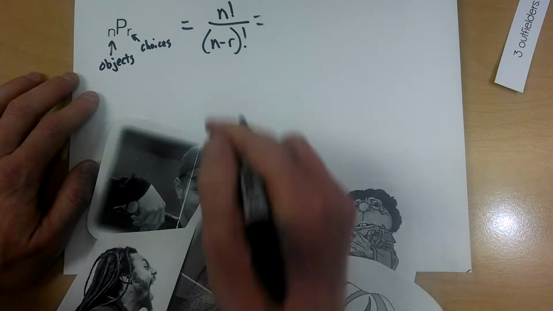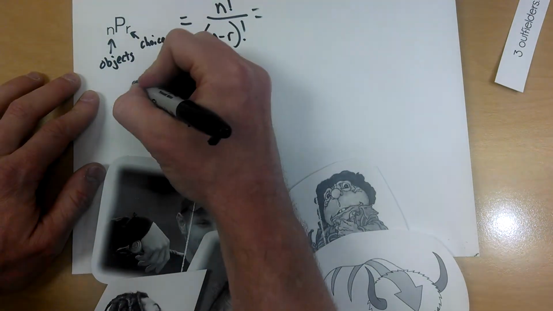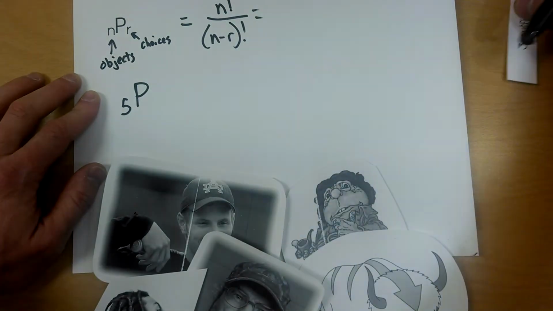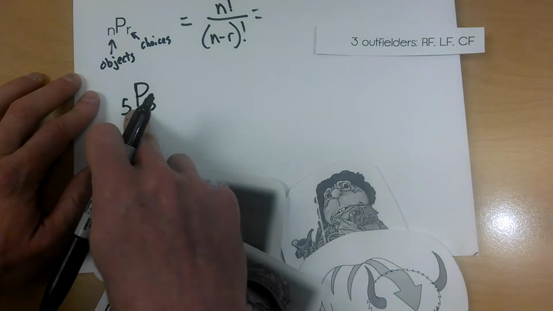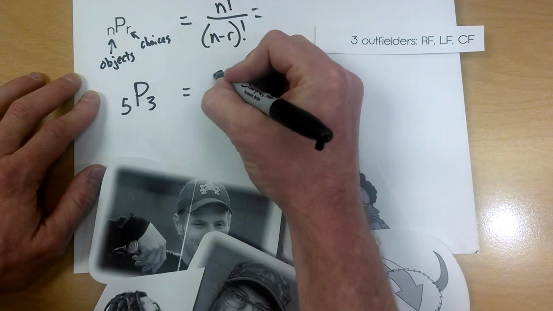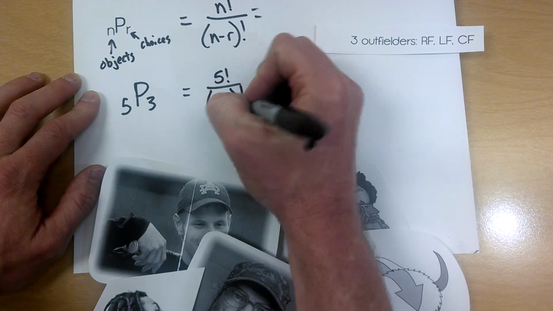So if we have 5 for our number of objects, and we have 3 positions to fill, then we've got 5P3. So we've got 5 factorial over 5 minus 3 factorial.